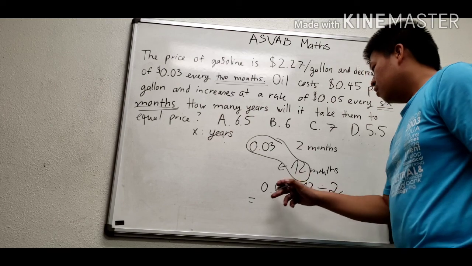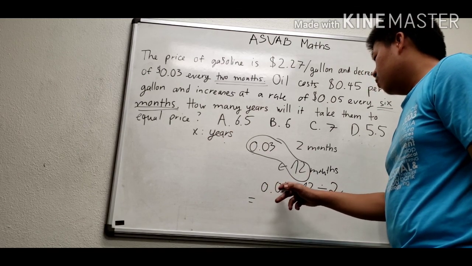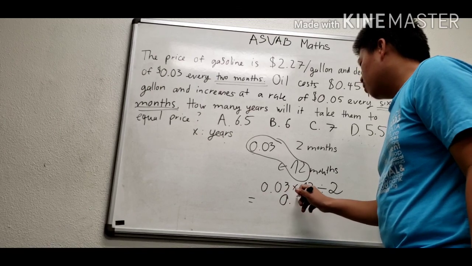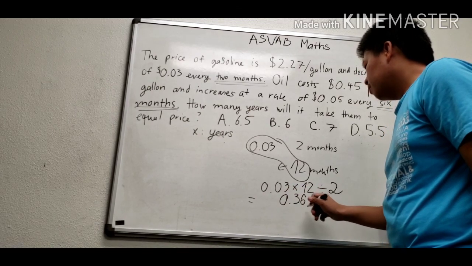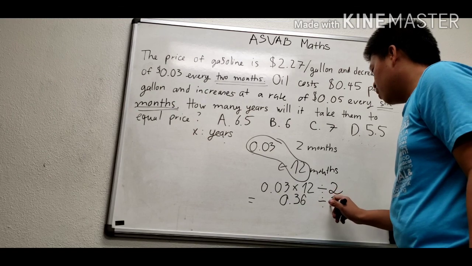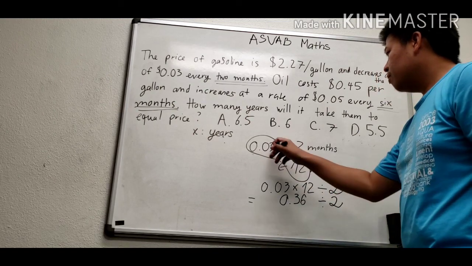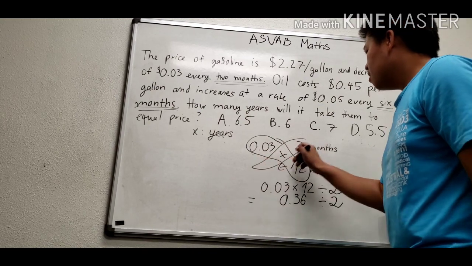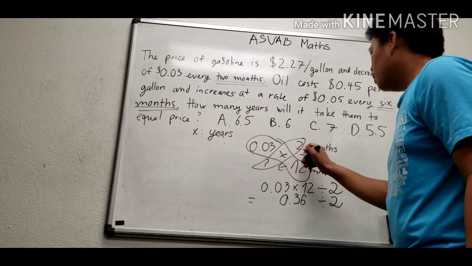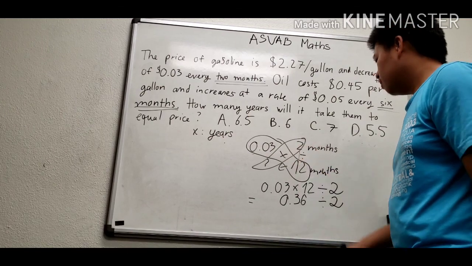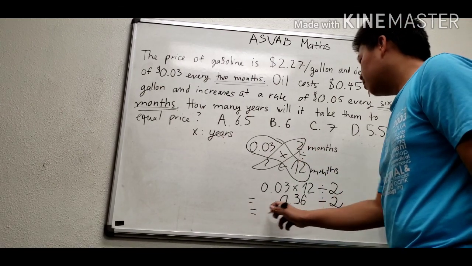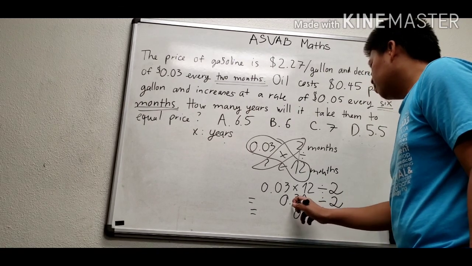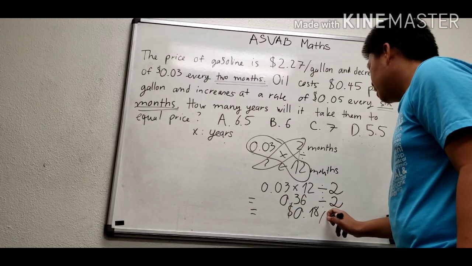We see that 0.03 multiplied with 12 is 0.36, and we divide by 2 again because we multiplied in this area, then we get this number, we just divide by 2 in the same area, and we get $0.18 per year.